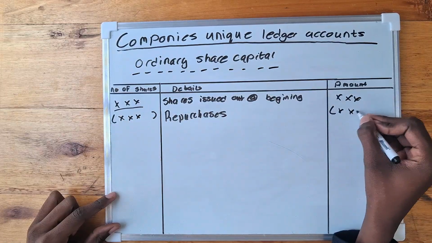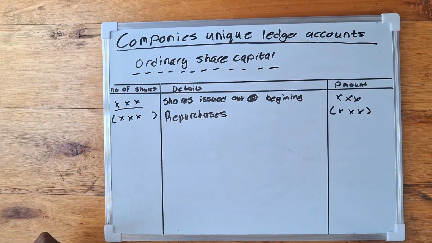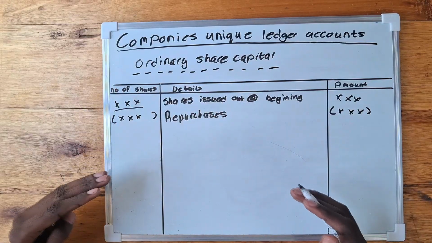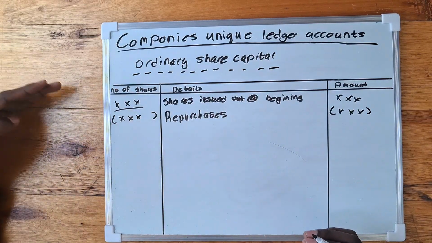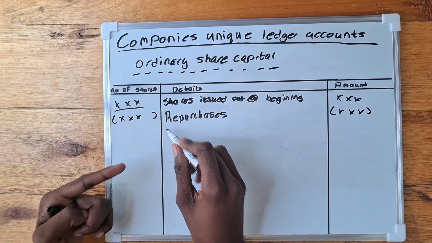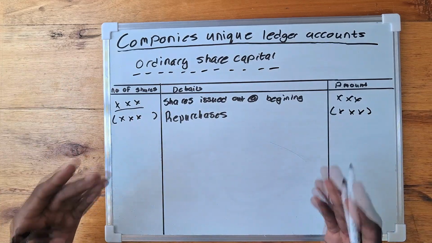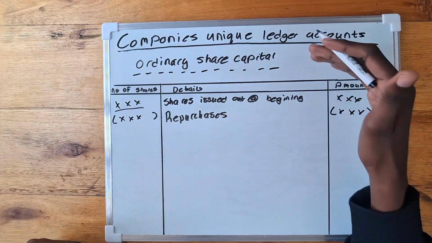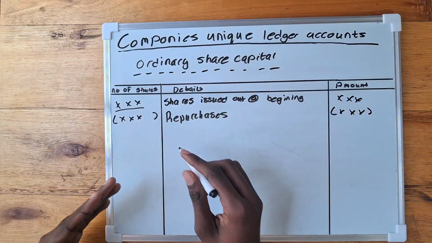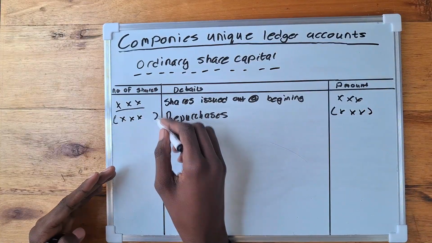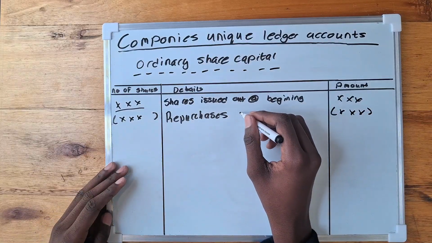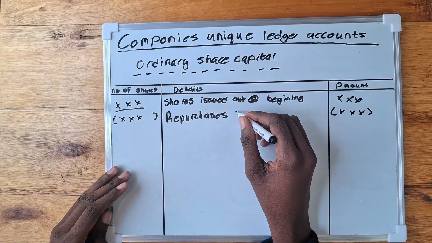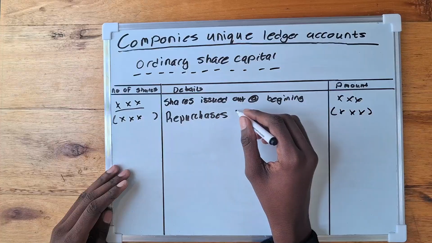And we are deducting because this records the number of shares and the value of the shares that are given out. So if we are buying them back, this means that the number of shares that we have given out is going to decrease. That's why we put the brackets for repurchases. Here you always use the value of the share, not the full amount, guys.